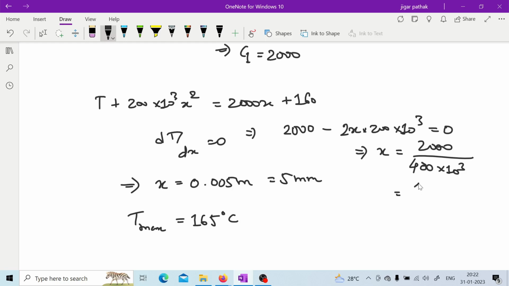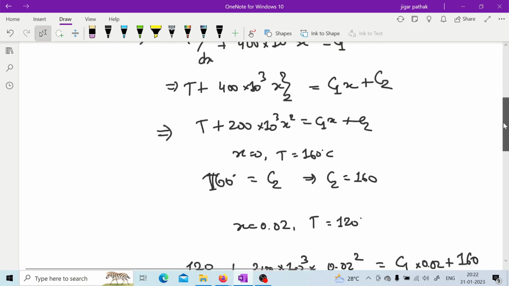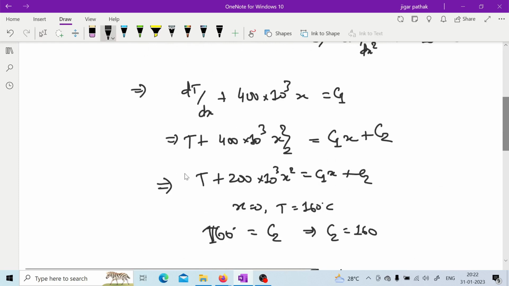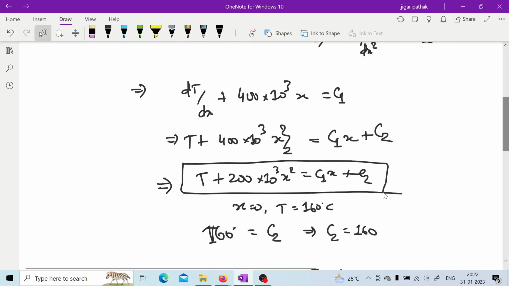I was asking how we form that equation, T plus something. That equation we have already written, right? We derived this equation from the differential equation of heat transfer in 1D.